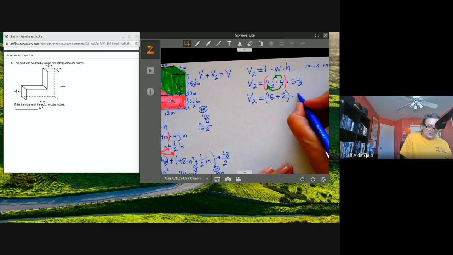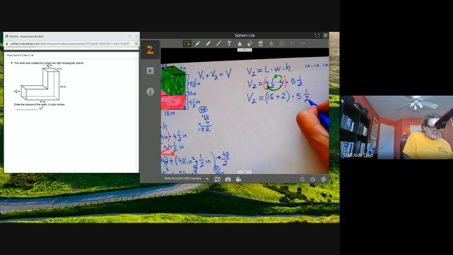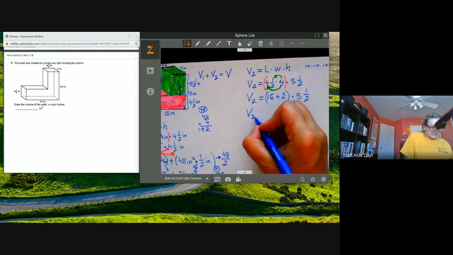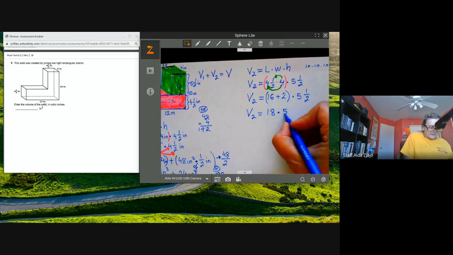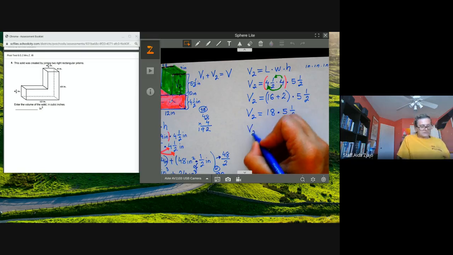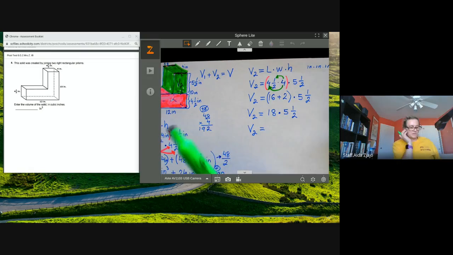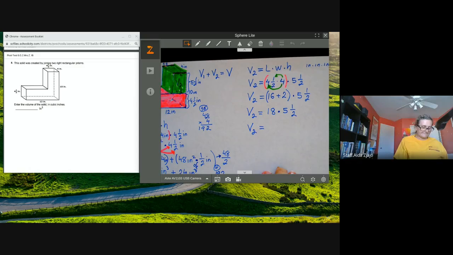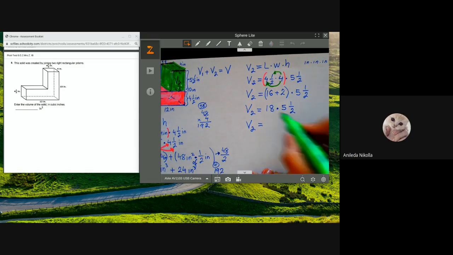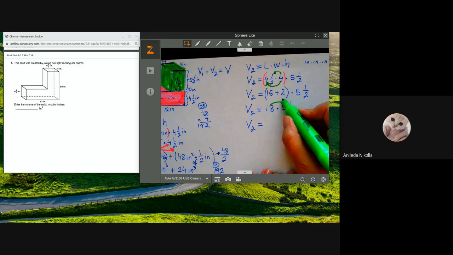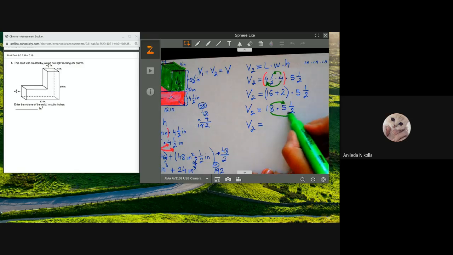And then we need to multiply by that. Okay, so volume 2 is equal to 18 times 5.5. So what do you do? 18 times 5 plus 18 times 1/2.